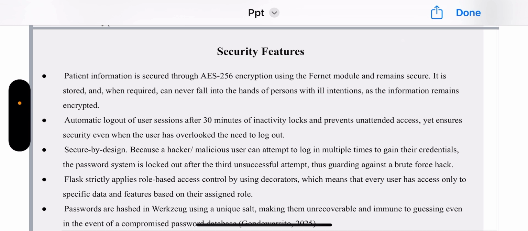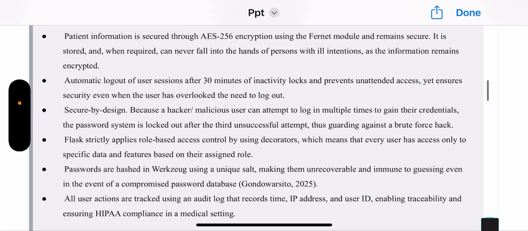Whenever they open it, they need to use biometrics like fingerprints. This should also be tracked by user IDs and IP addresses. It should be tracked by backend staff, so that they know whether the system is hacked or not. Everything they will know.